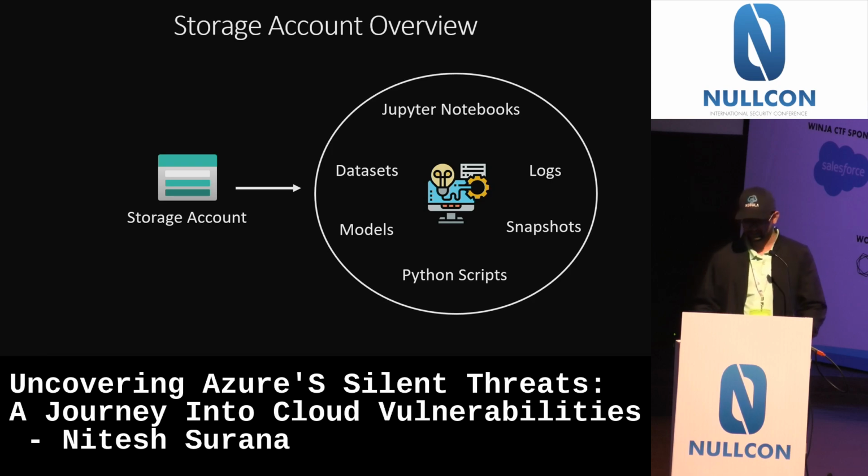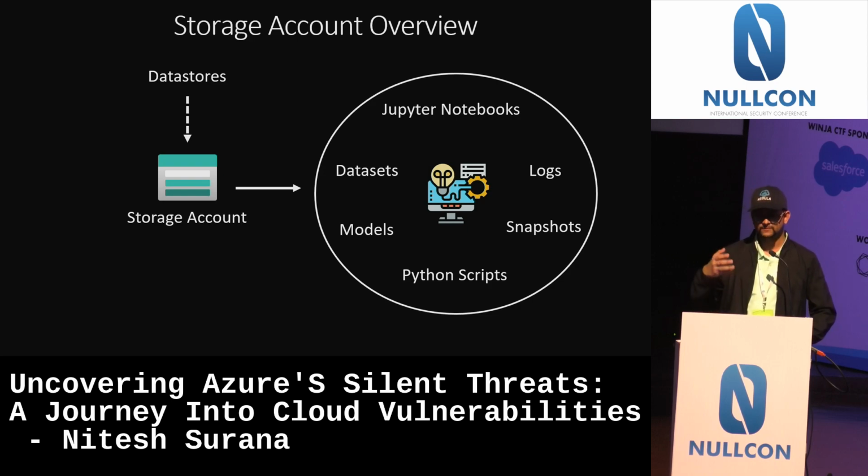Each workspace uses a storage account which contains your machine learning related entities. To access data in a storage account, you use something called a data store, which is basically a reference to a workspace's storage account. They help in avoiding storing access keys or SAS credentials in your scripts.